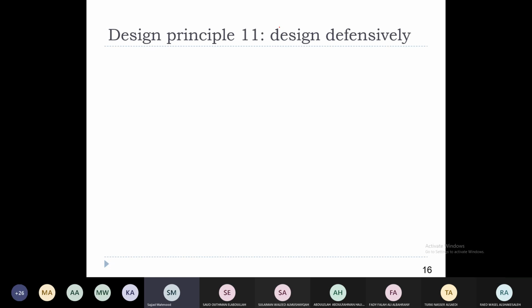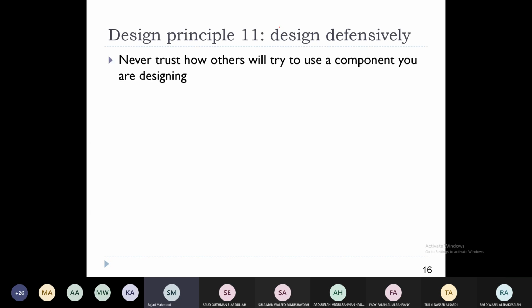Now, this is something we also talked about earlier in the semester when we talked about the concepts of correctness, flexibility, and usability, or robustness. We talked about the correctness, robustness, and usability concept. So we have to think about, as designers, design defensively basically means that never trust how others will use your component.